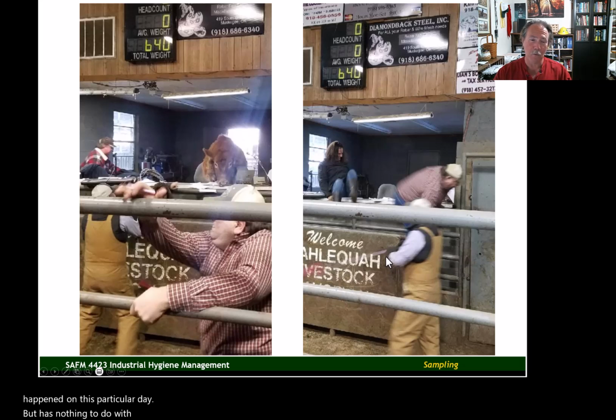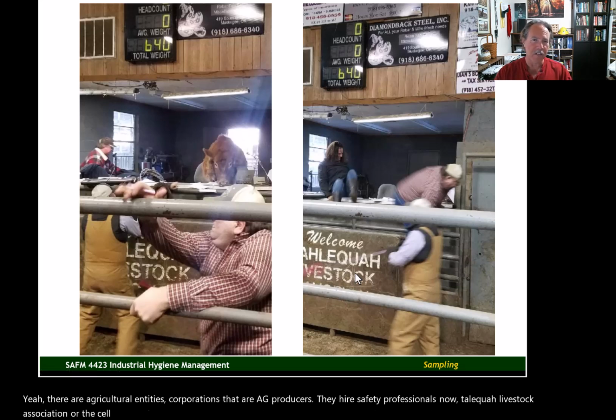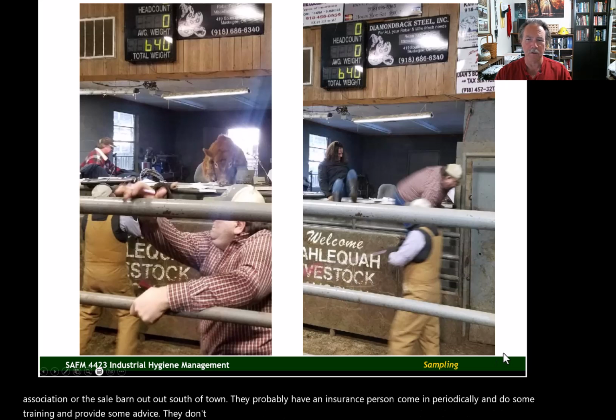Now, it does have to do with workplace safety. There are agricultural entities, corporations that are ag producers. They hire safety professionals. Now, Tahlequah Livestock Association or the sale barn out south of town, they probably have an insurance person come in periodically and do some training and provide some advice. They don't have a full-time safety person.